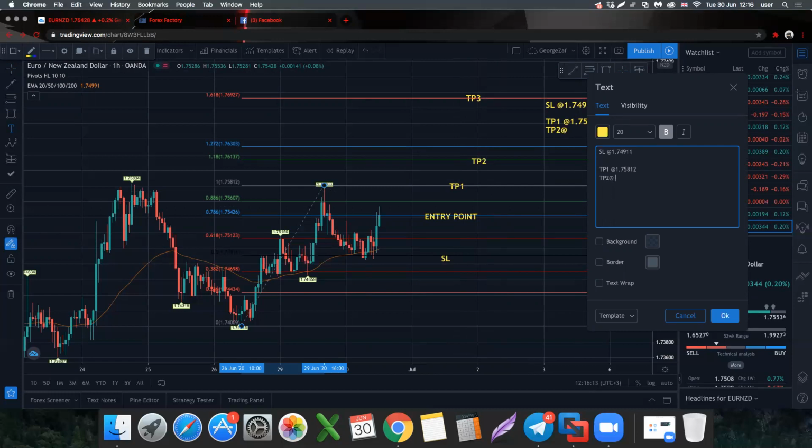TP2 at 1.76137, and take profit 3 at 1.76927.